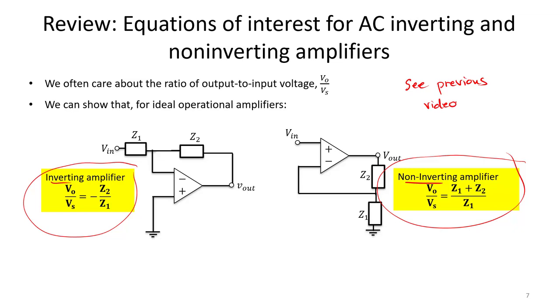And so you'll remember that if we can recognize that we have one of these amplifiers in our AC circuit, and if we're able to assume that amplifier is ideal, we can directly use these amplifier equations to help us solve for any unknowns.